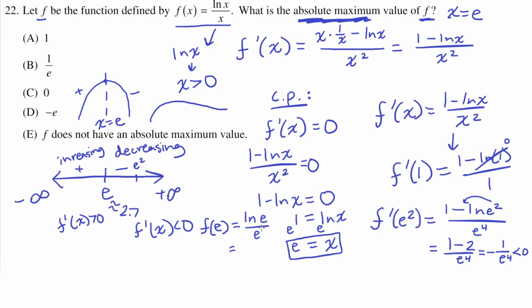The natural logarithm of e is just equal to 1, and we're just going to have that divided by e. So the maximum value of f is equal to 1 over e at an x value of e. So B is the correct answer.